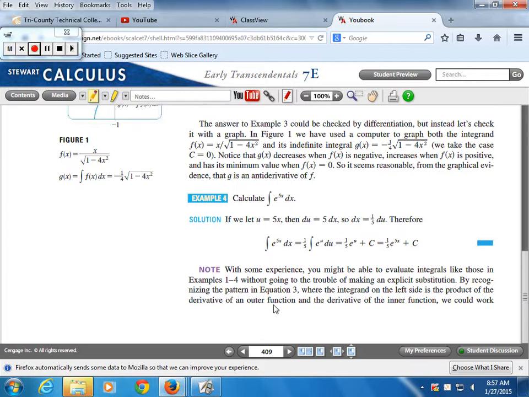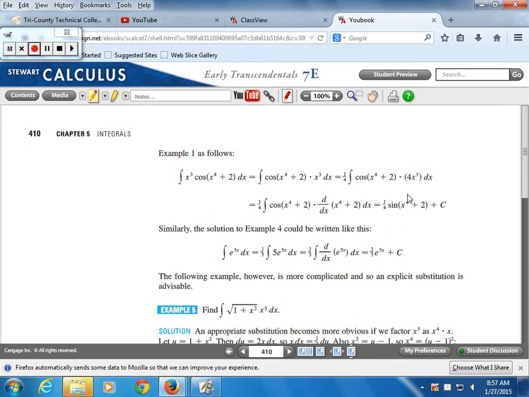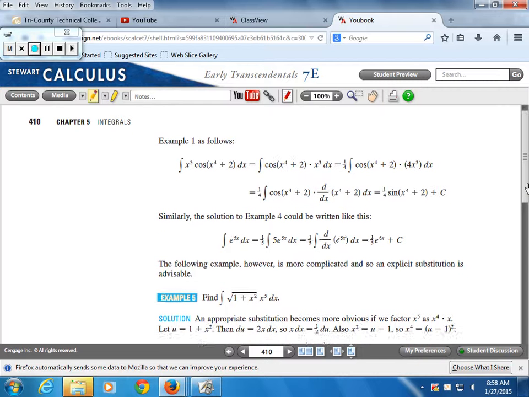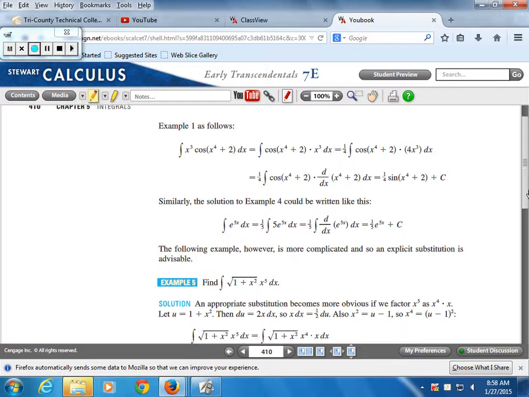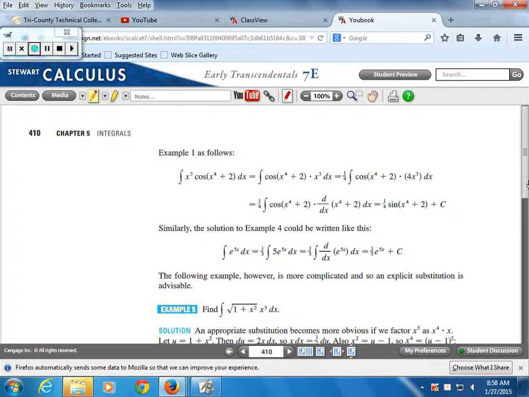How you feel? Feel good? Let's try some. Let's go ahead and work with this one. Example 5. The antiderivative of the square root of 1 plus x squared times x to the 5th dx. Try it here.